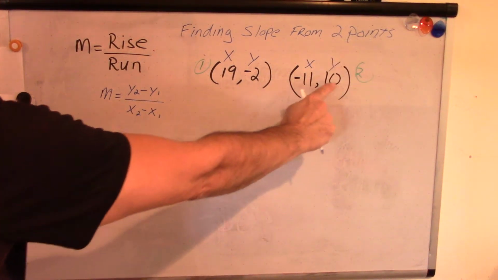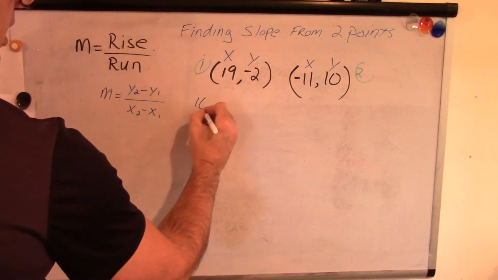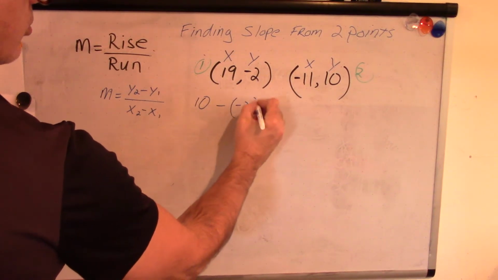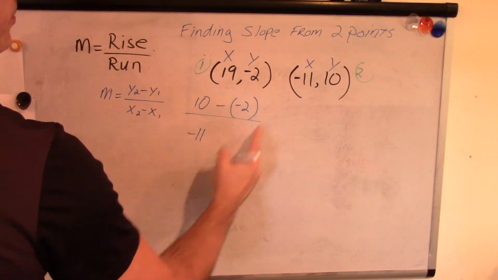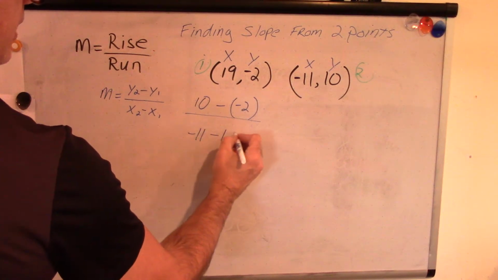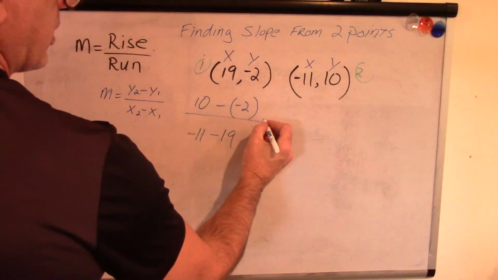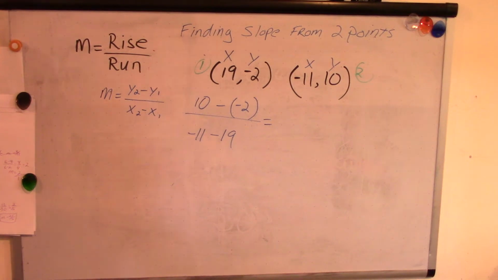Okay? 10 minus negative 2. Be careful with these positives and negatives. 10 minus negative 2 over negative 11 minus 19. Okay? What does that work out to be? Well, if I'm doing minus a negative, you've watched the other videos earlier this year, right?